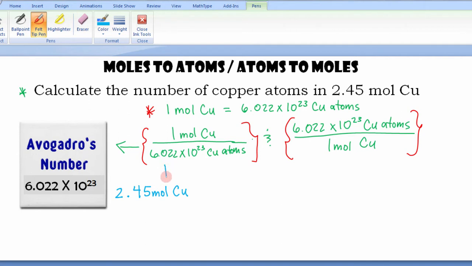So we know that 1 mole of any atom, in this case we're going to choose copper, is equal to 6.022 times 10 to the power of 23 copper atoms. Okay, so I want to convert that mole of copper to atoms of copper. So I need to use this relationship.